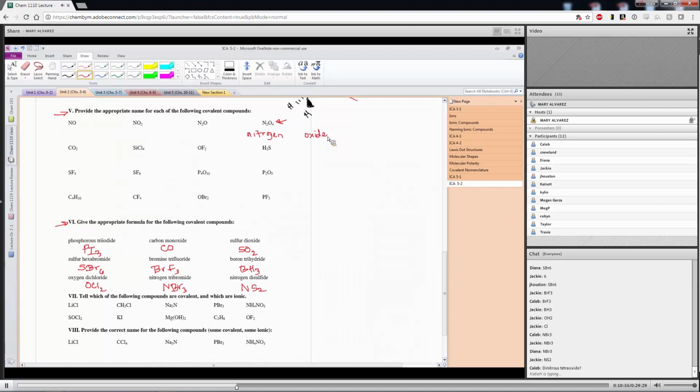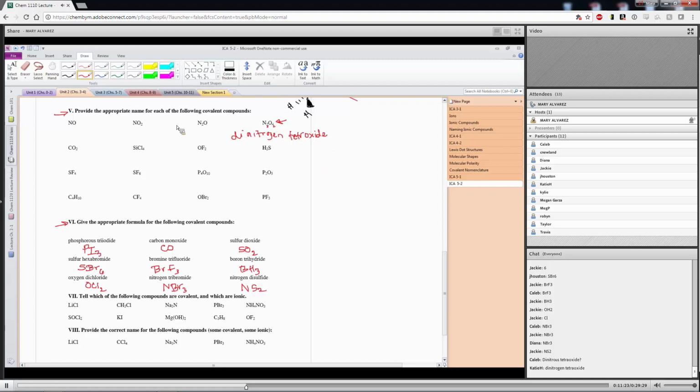Now I just need to say how many of each I have. Yeah, close. Put the di in the front, so dinitrogen. And then because I have 2 of them, and then I have 4 oxygen, so that becomes tetra. Tet. And I'm going to drop the A so it's not like tetraoxide, and I have this weird double vowel thing in the middle. Perfect. Dinitrogen tetroxide.